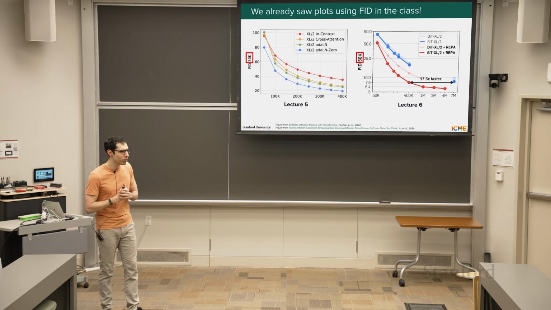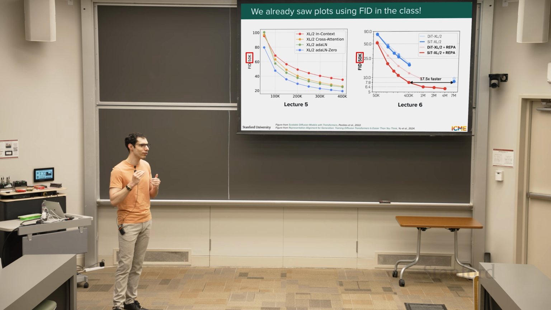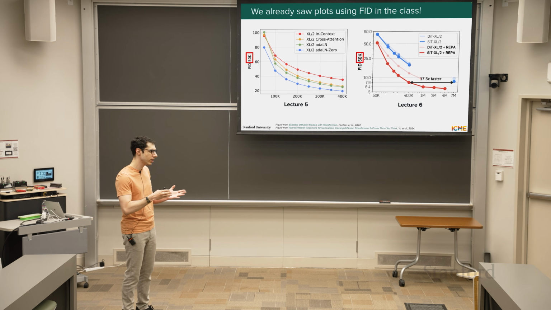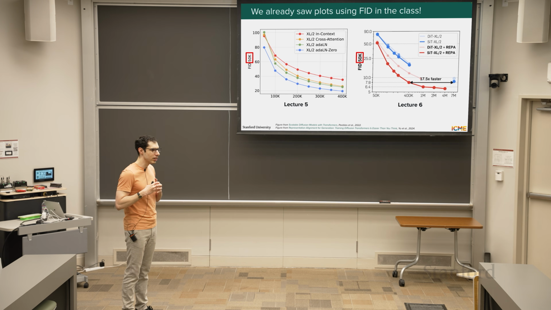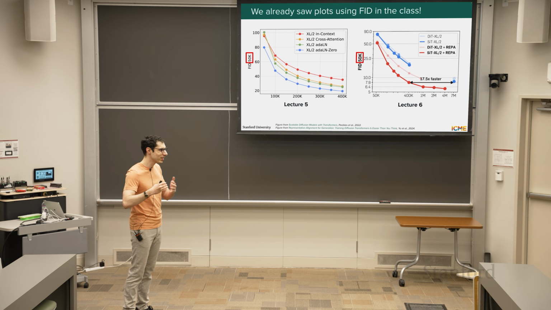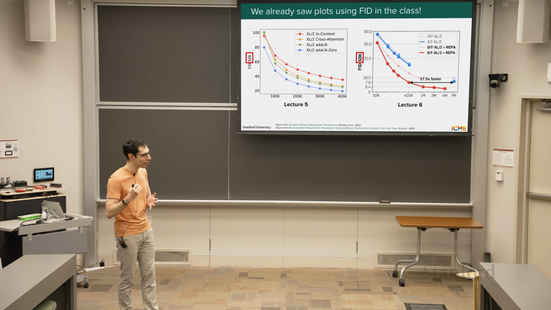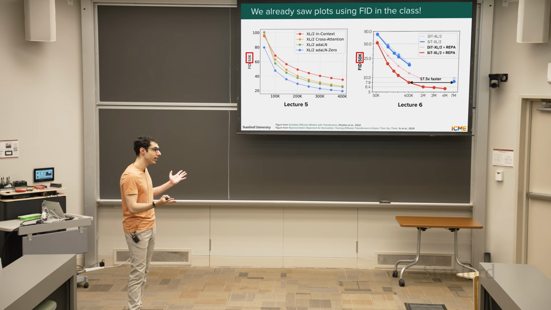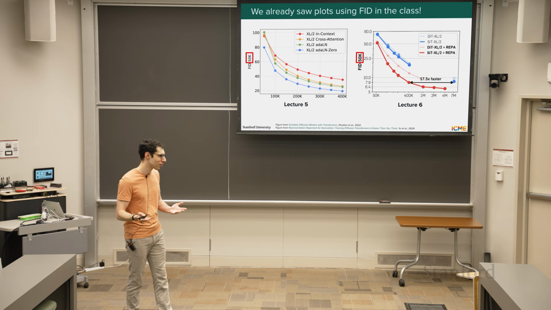And it's a personal take, but one of the reasons why it's been hard to change the metric that people use is because when you want to publish a paper, typically you want to show that your method is good. So you want to compare yourself to some previous method. And people have just been using FID, so that's why it's really hard to change from that.